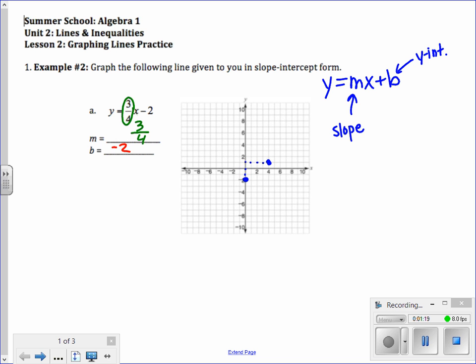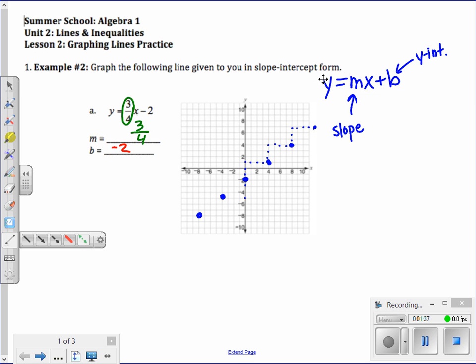And I continue to rise up 3 over 4 until I've run out of room on my grid. All right, I go the other direction as well. Then I use a straight edge or ruler, and I connect all those points. That would be the line of y equals 3/4 x minus 2.